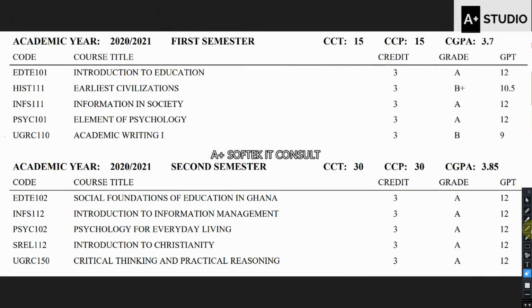So it is the same thing that we'll do in here. We'll calculate the GPA for this particular semester with the grade point total, and then we divide it by all of these.